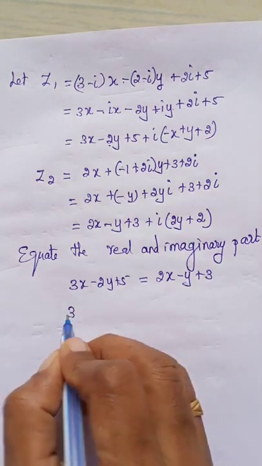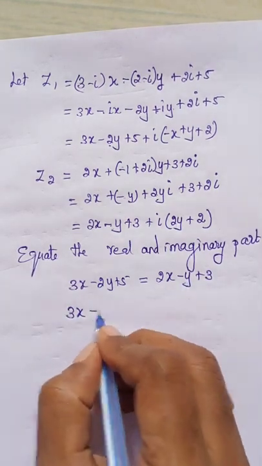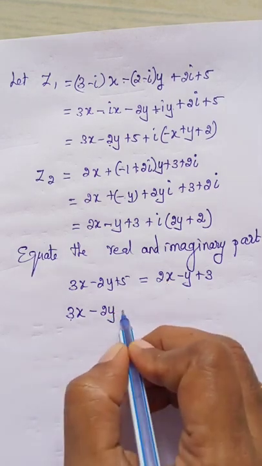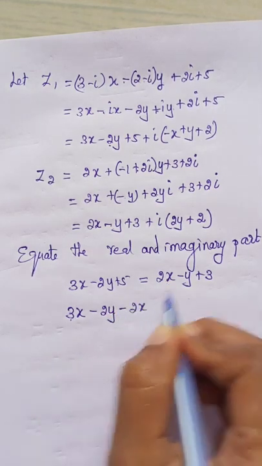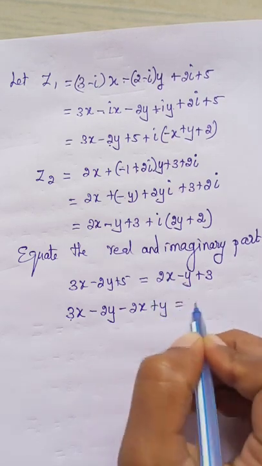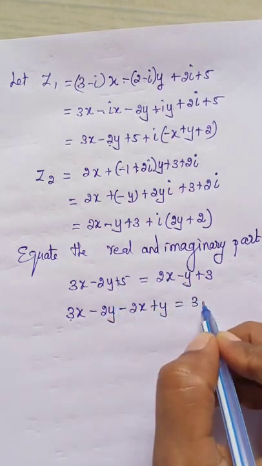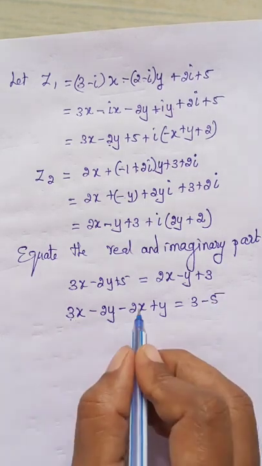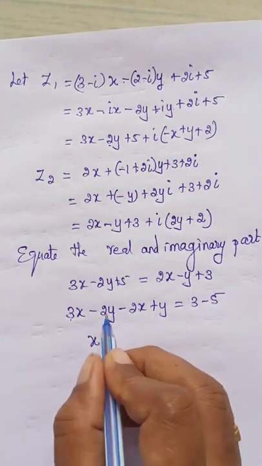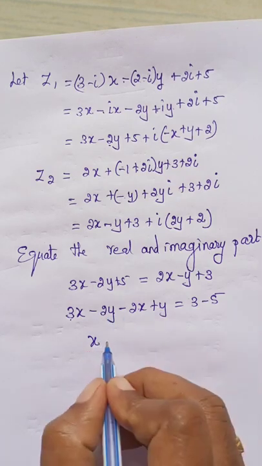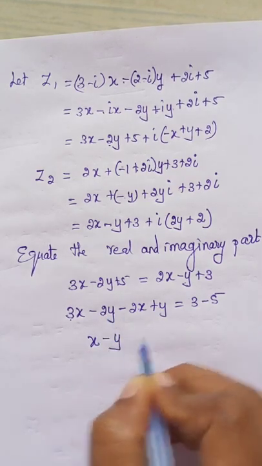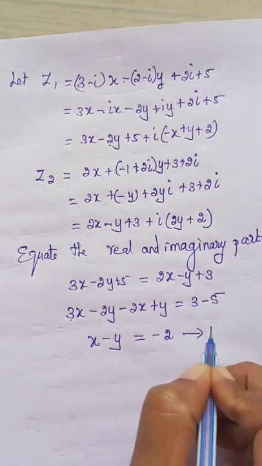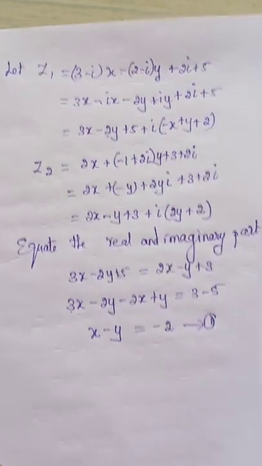So we can bring it into a single term. 3x minus 2y, bring the 2x here, it will become minus 2x plus y equal to 3. This plus 5, when it comes to the next side, is minus 5. 3x minus 2x is x, minus 2y plus y is minus y. 3 minus 5 is minus 2. I am marking it as equation number 1.